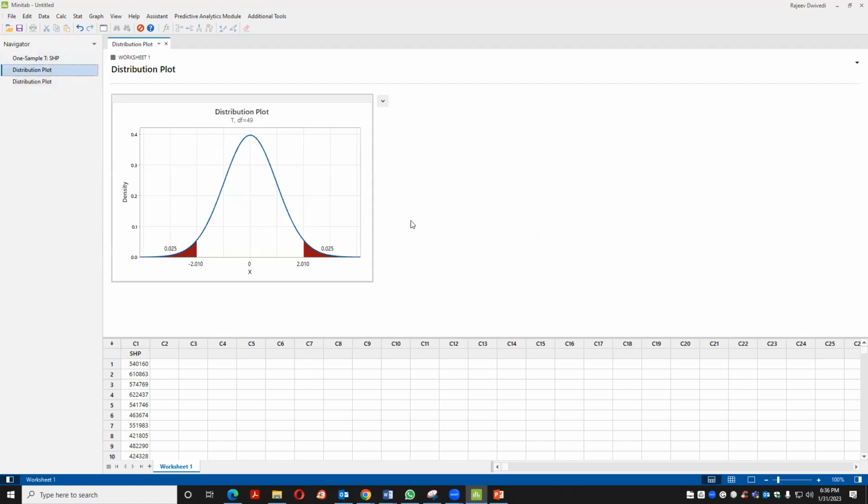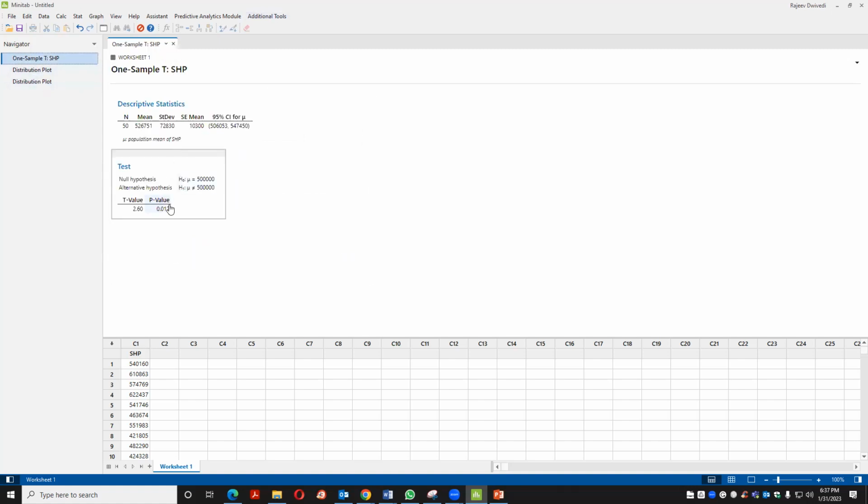With this range, 2.5% on both sides, this is coming in the rejection region. If this has to come in the acceptance region, it has to be about 99%, then only can you accept the null hypothesis. So this is another way of checking the p-value.